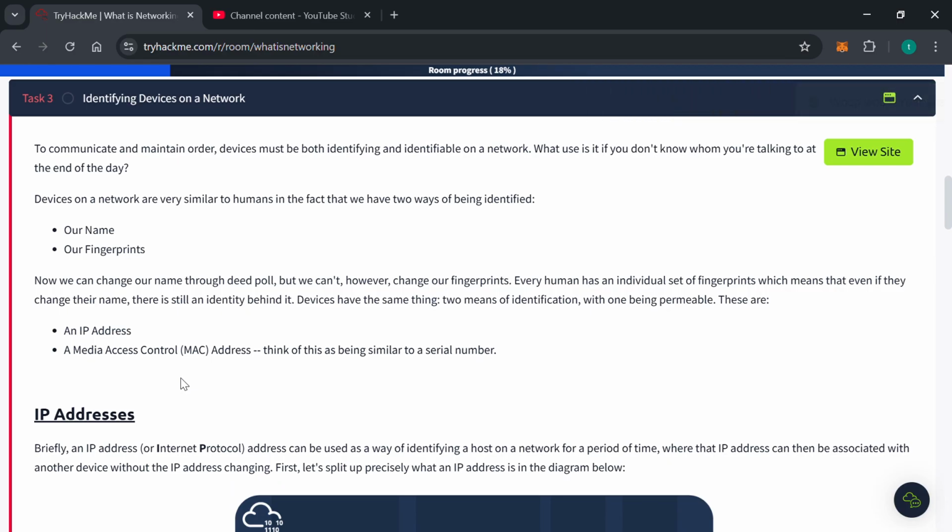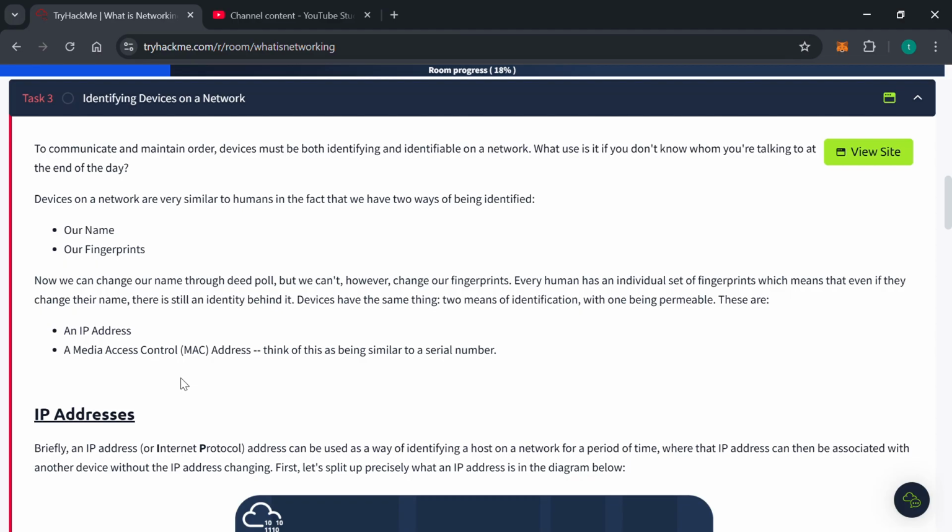To communicate and maintain order, devices must be both identifying and identifiable on a network. What use is it if you don't know whom you are talking to at the end of the day? So devices on a network are very similar to humans in the fact that we have two ways of being identified. One, our name, and two, our fingerprints.